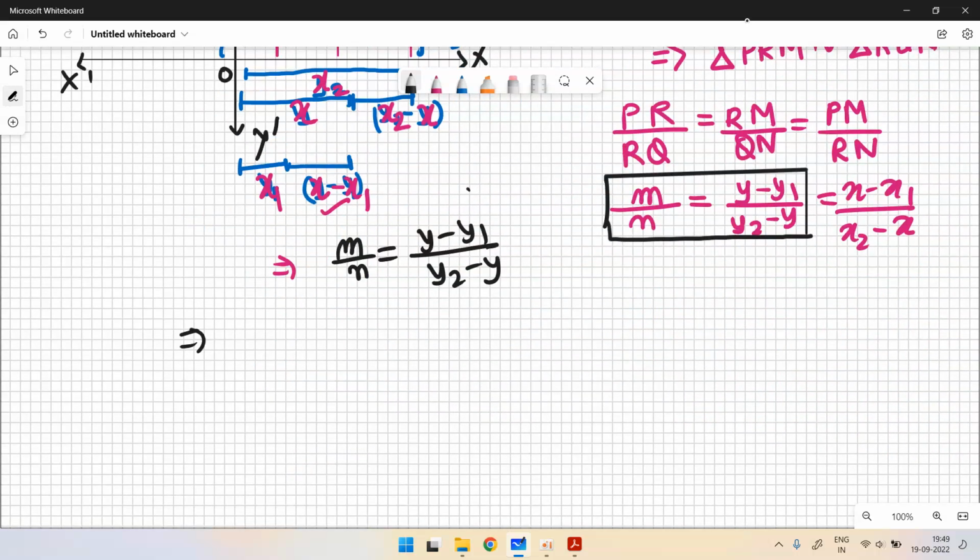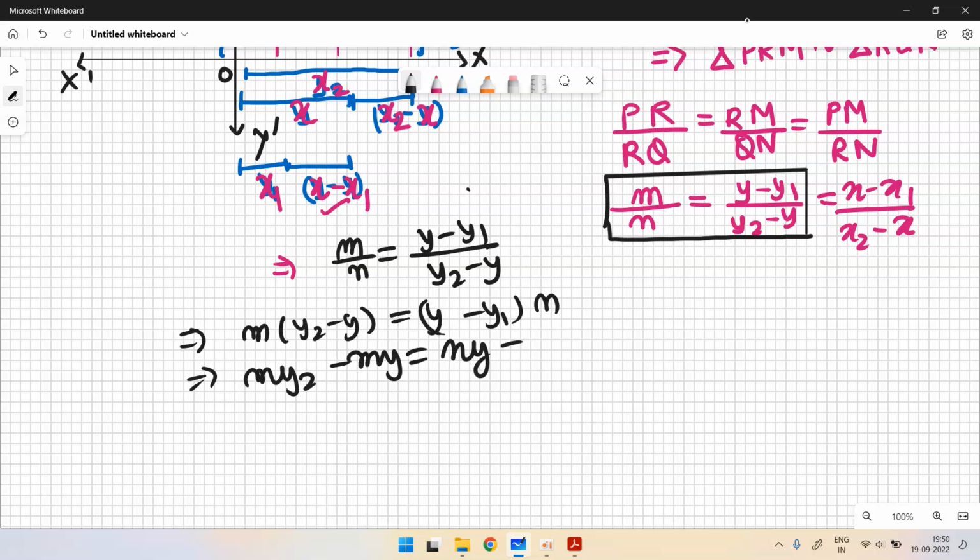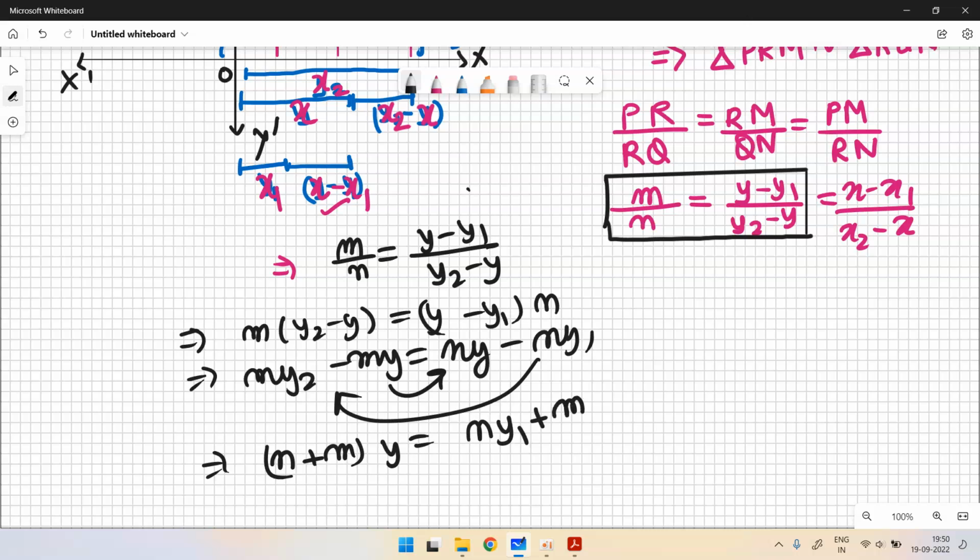Then cross multiply: m(y2 minus y) equals (y minus y1) into n, so my2 minus my equals ny minus ny1. Now taking my this side and ny this side, which implies that my plus ny equals ny1 plus my2, where y is nothing but (ny1 plus my2) by (m plus n).